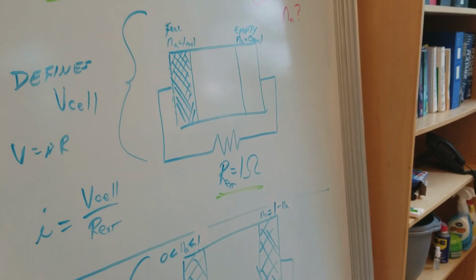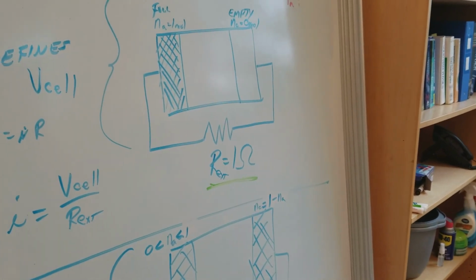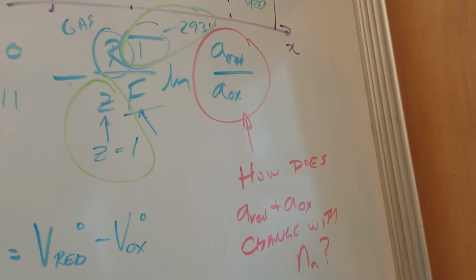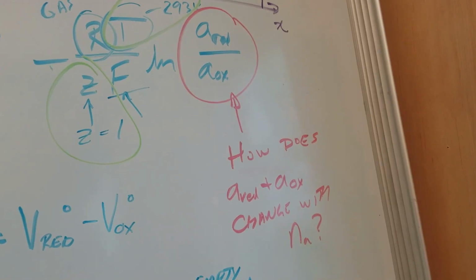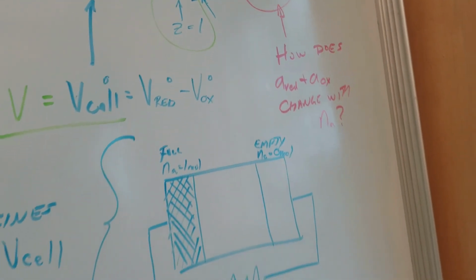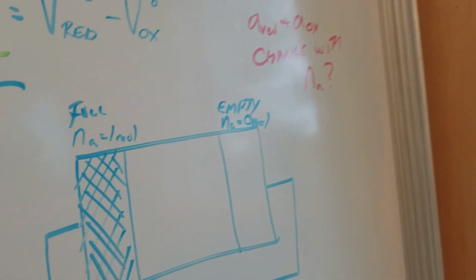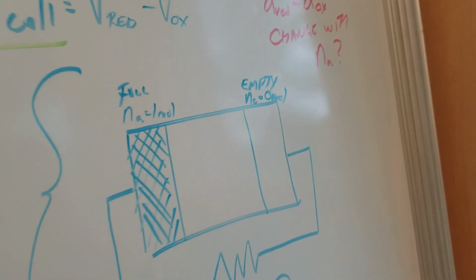Okay, so what we found works is using the concentration in the anode and cathode as approximations for the activity. That is approximate because we know that the volumes of the cathode and anode change.